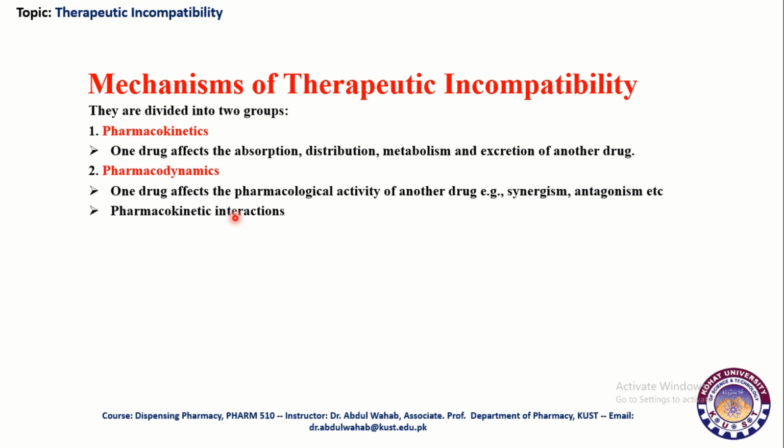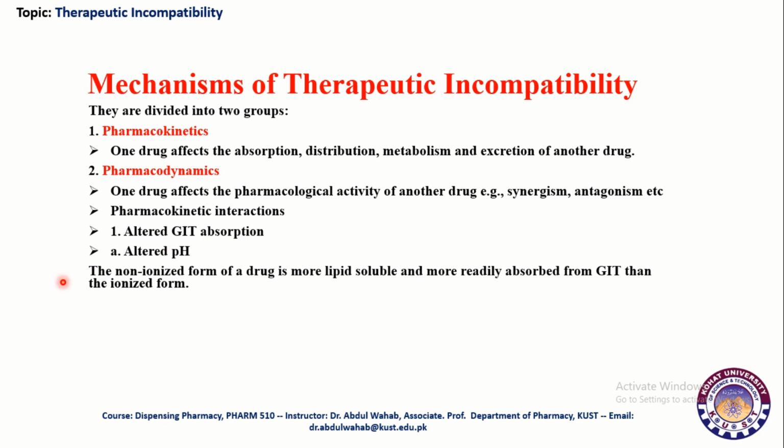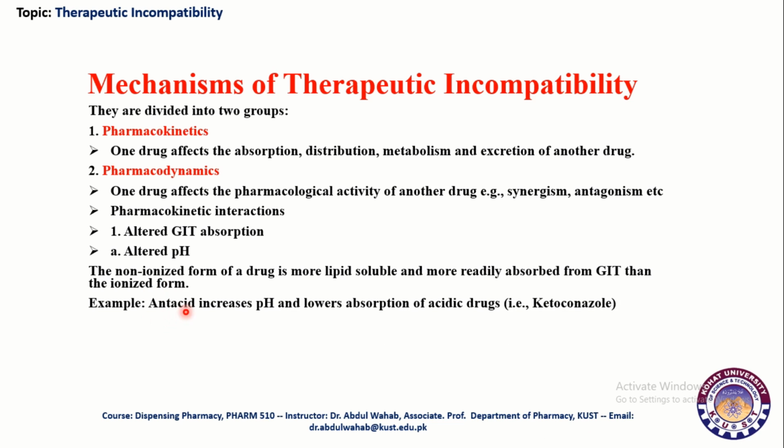Pharmacokinetic interactions. Altered GIT absorption. Altered pH: the non-ionized form of a drug is more lipid soluble and more readily absorbed from the GIT than the ionized form. Example, antacid increases pH and lowers absorption of acidic drugs. For example, ketoconazole.